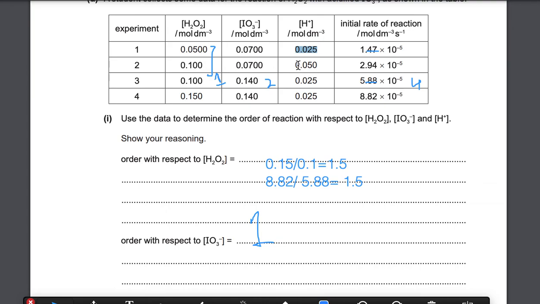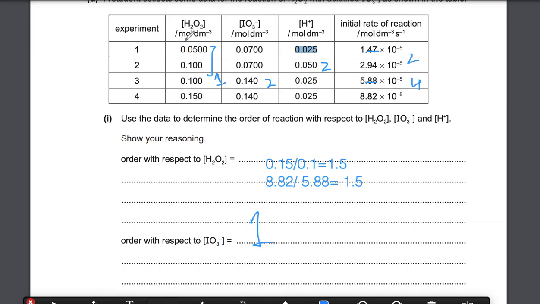So 0.025 and 0.05, this one is changing in this case as well. When we divide 0.05 by 0.025, what we get is 2. The answer is 2, so that means the concentration is increasing 2 times, okay? How about when we divide the rates, 2.94 divided by 1.47? That's also 2.